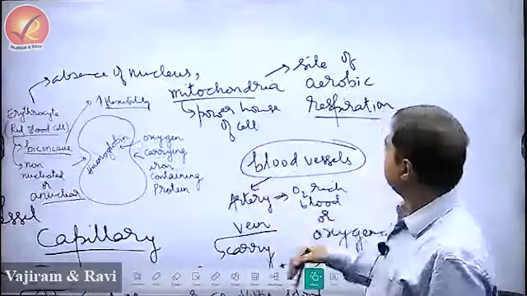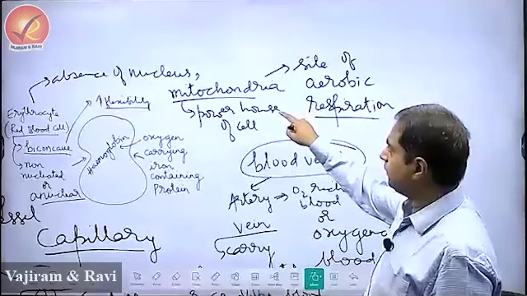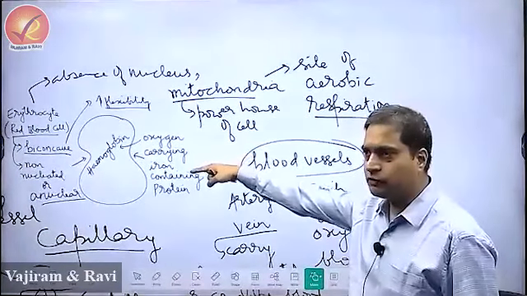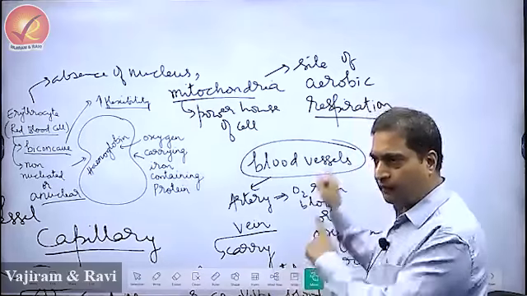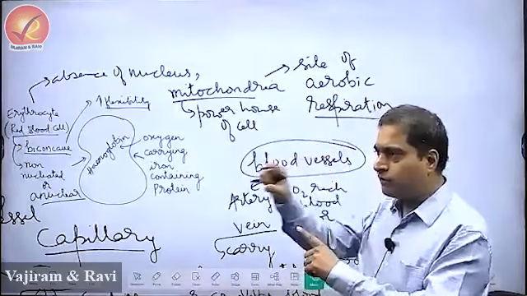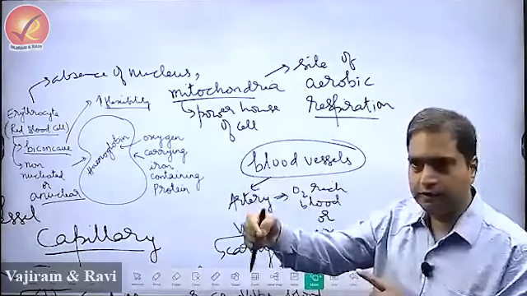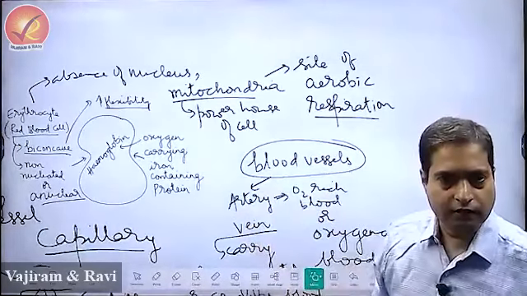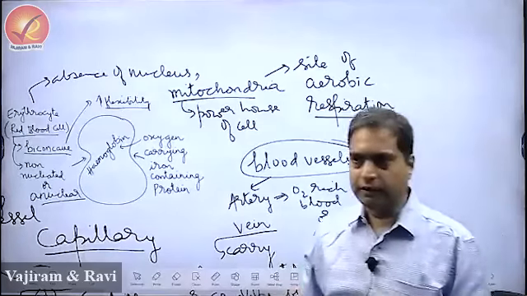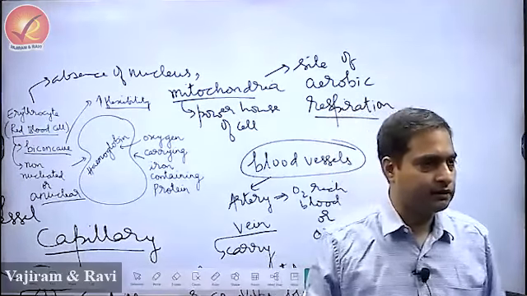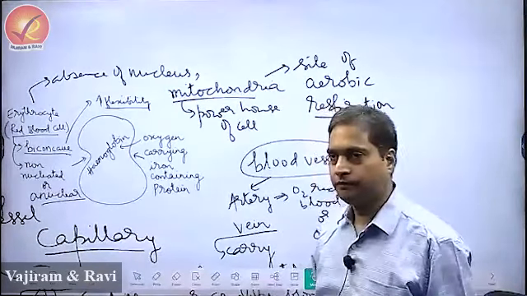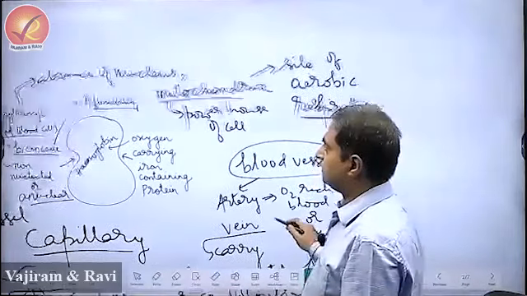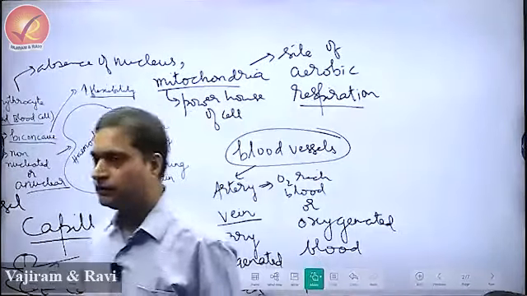Now, if there is absence of mitochondria, then how does RBC get the energy source? What is the answer? Every cell must have mitochondria, because it will use that oxygen and glucose to convert into energy, called aerobic respiration. Without respiration, how this RBC gets energy? All of you know the answer.